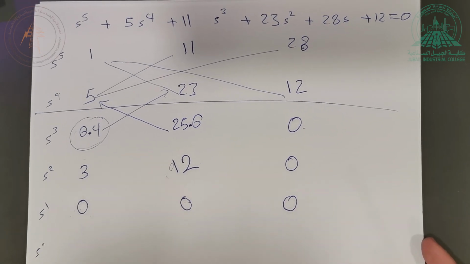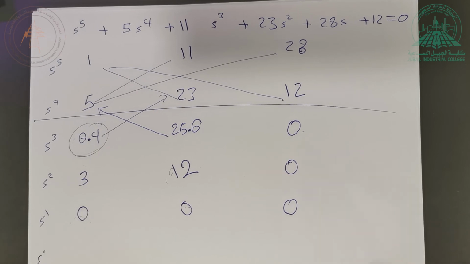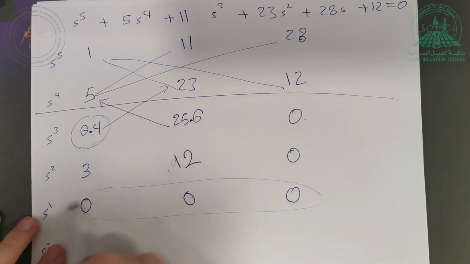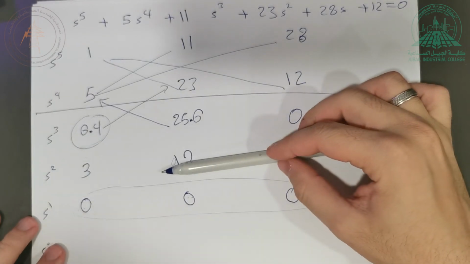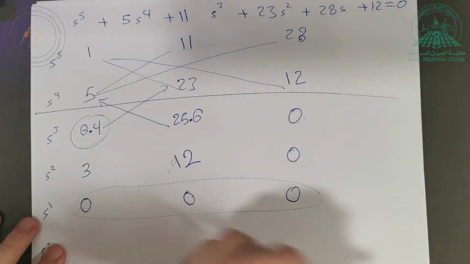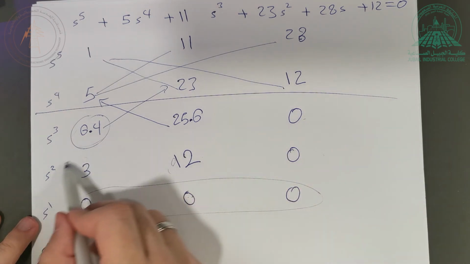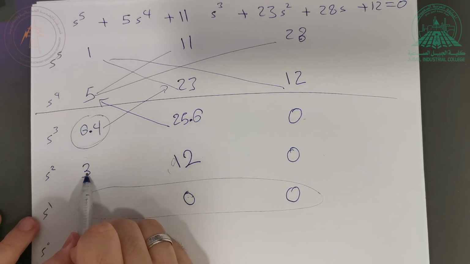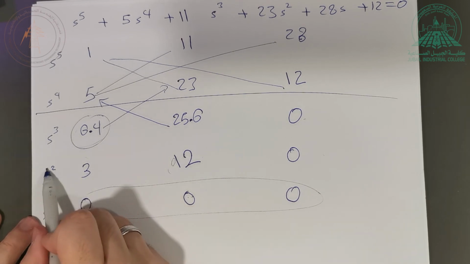What we are going to do is use the so-called auxiliary equation, similar to the auxiliary equations that you have seen in engineering mathematics. In order to fix the issue of zeros here, I'll move to the row above it. How do I read this row, guys? This is equal to 3 multiplied by s squared.